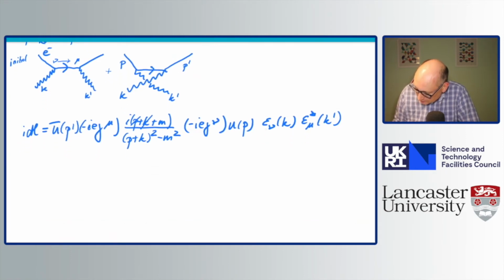Now, the epsilons are just polarization vectors in Lorentz space, so they can be put in anywhere in this chain. Doesn't matter where they go.